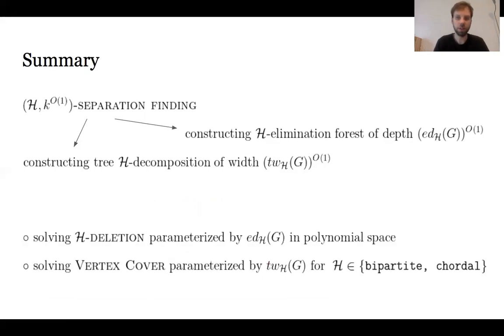Now about some other results. So parameterization by H elimination distance leads to polynomial space computation in some cases. And also we can consider some other problems instead of H deletion parameterized by H3 width, namely vertex cover turns out FPT parameterized by H3 width when H is a class in which vertex cover is polynomial time solvable.